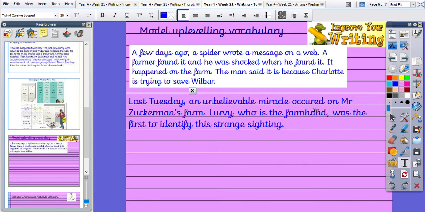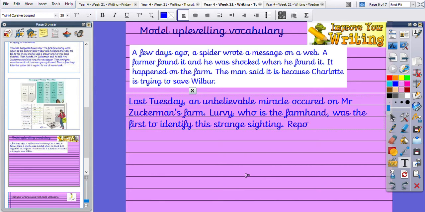Okay, it happened on the farm. So do I need the words it happened on the farm? Because actually we've already put last Tuesday an unbelievable miracle occurred on Mr. Zuckerman's farm. So because we've already inputted that information, we don't need to say it again. Okay, the man said it is because Charlotte is trying to save Wilbur. So we can't say the man said it.